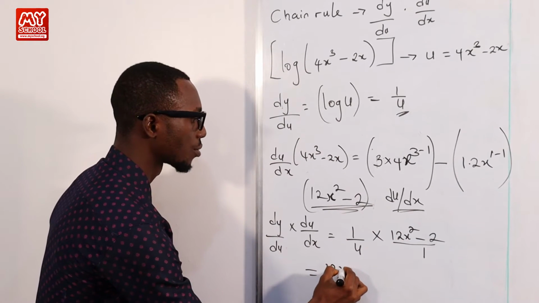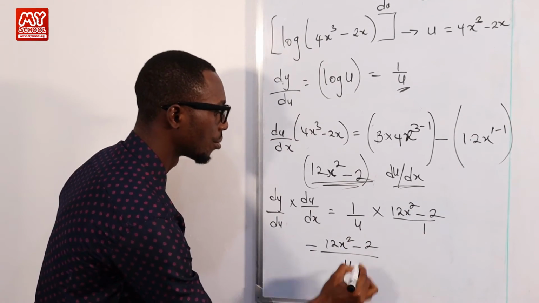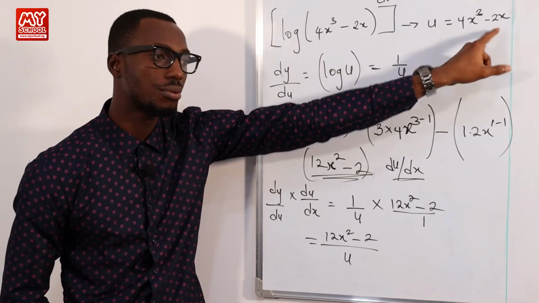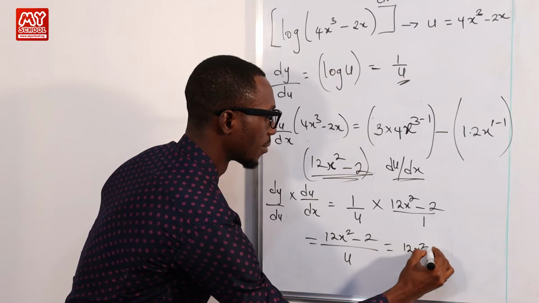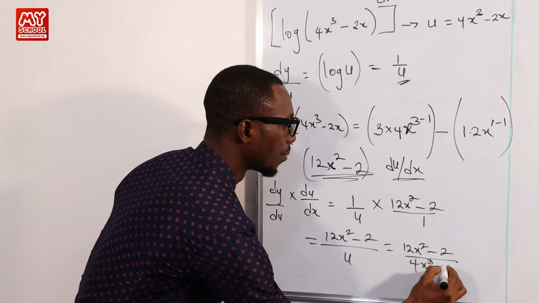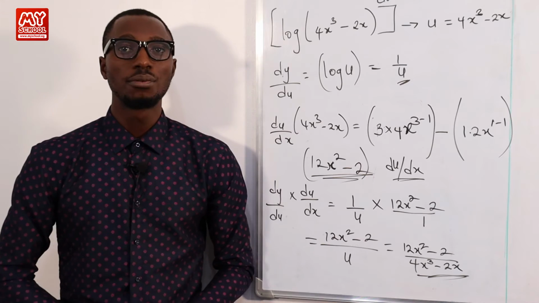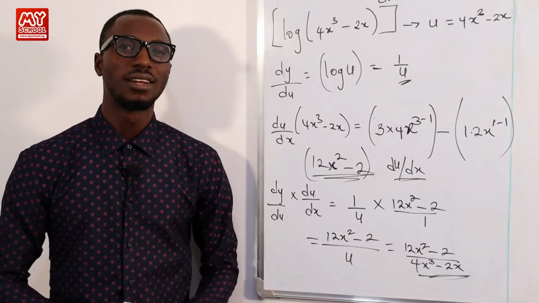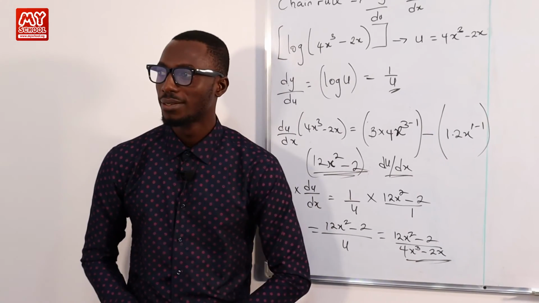We have 12x squared minus 2 over u times 1, u. Recall that the value for our u is 4x cubed minus 2x, over 4x cubed minus 2x. So this is the value that we arrived at. So let's check our options and see which of them gives us this.